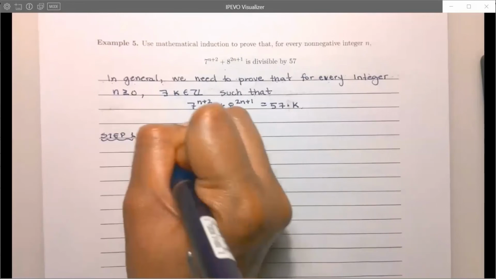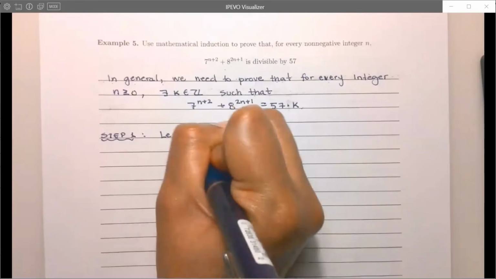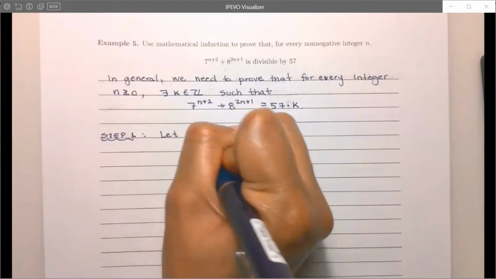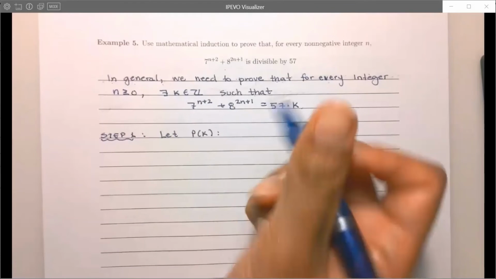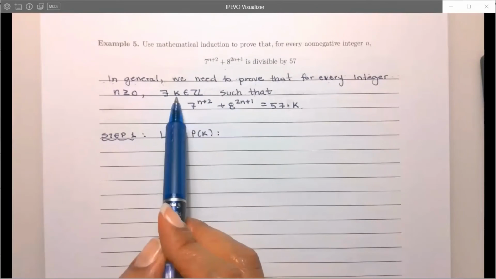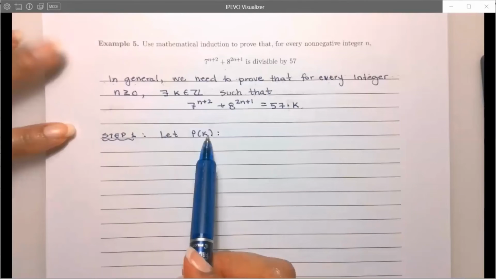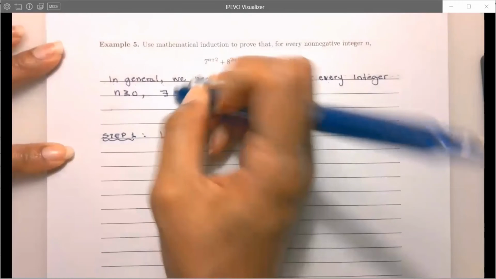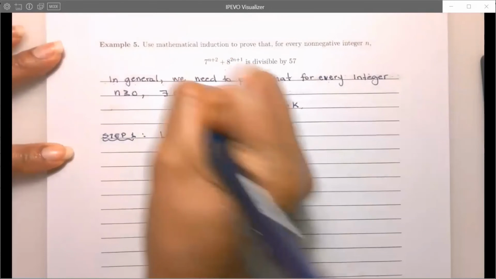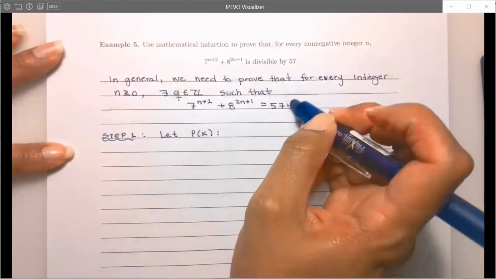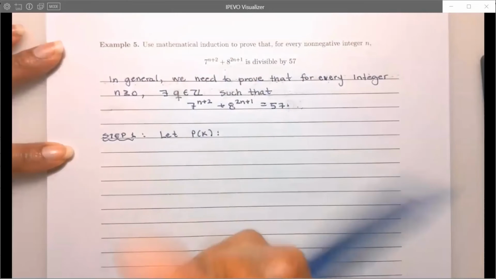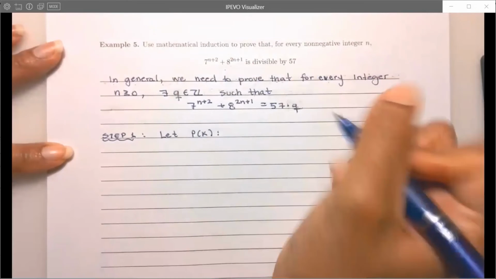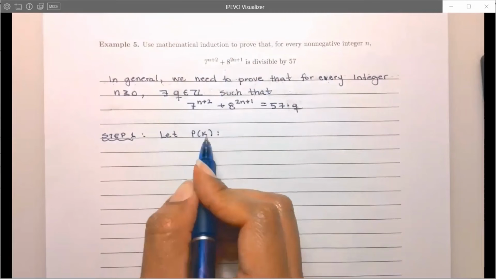We're going to let P of k be the statement. And actually, since I've used k here, since we've been using k for the propositional function, I'm going to go ahead and change this to maybe like q. That way there's no confusion between this integer that's being multiplied with the 57 and the variable k that's part of the propositional function.